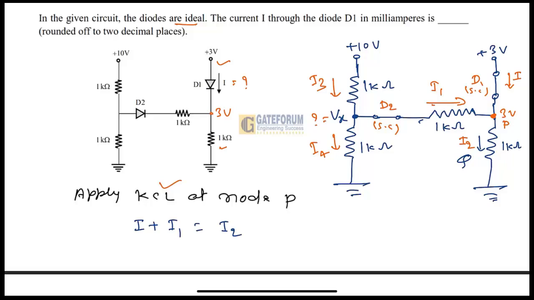Now we have to find I, so what is I1? I1 will be Vx minus 3 divided by 1 kilo, so the order will be in milliampere, is equal to I2, which will be 3 volt minus 0 divided by 1, and the order will also be milliampere.